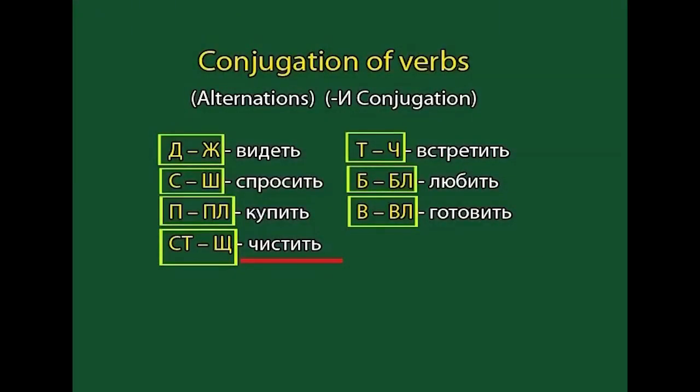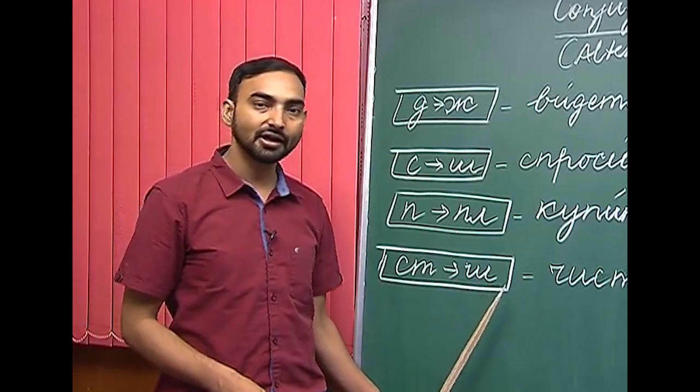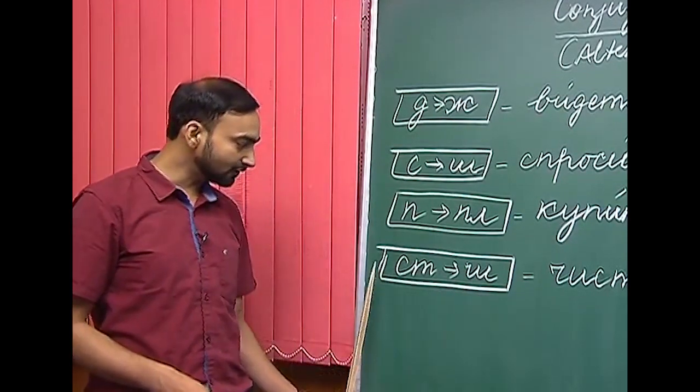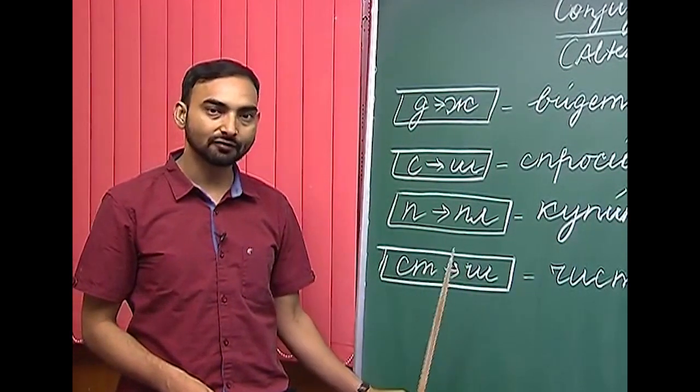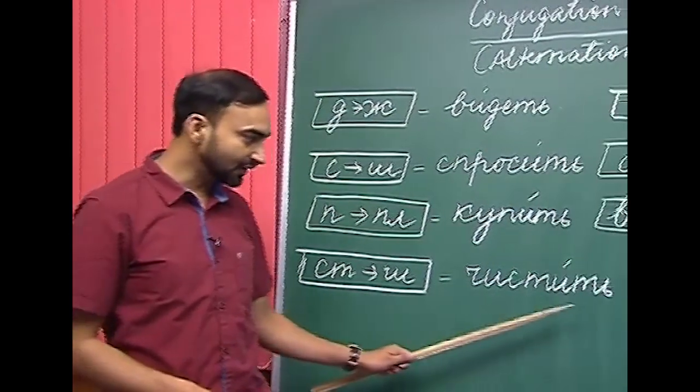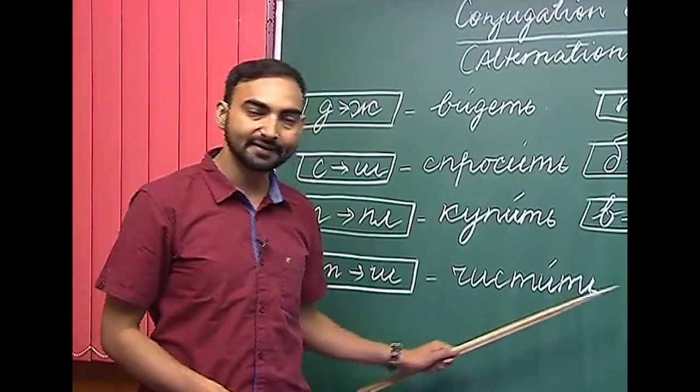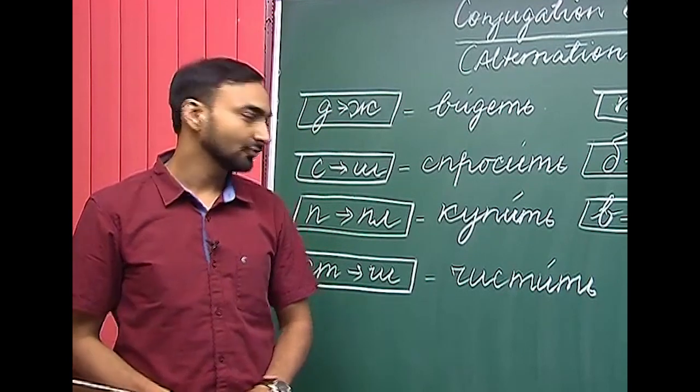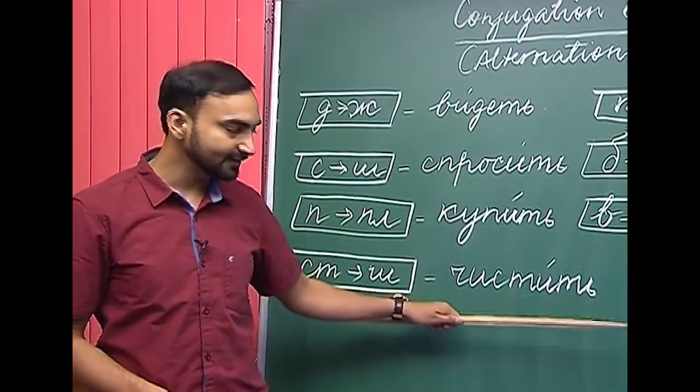The next is when the combination s and th changes to the consonant sh. So, here two consonants are changing into one. For example, the verb chischich. Chischich is to clean. So, how do we conjugate chischich?